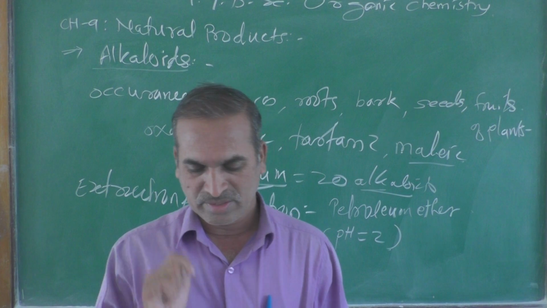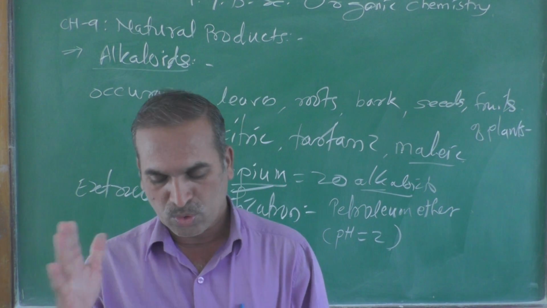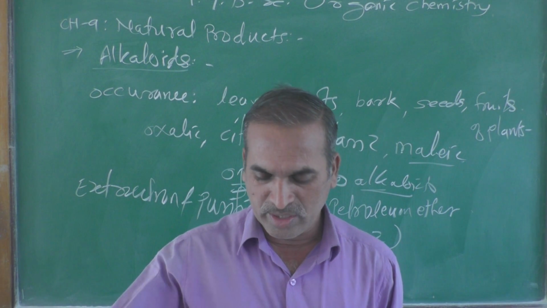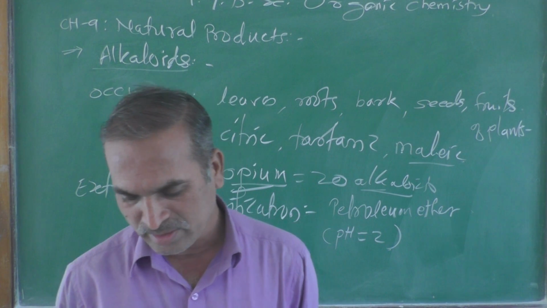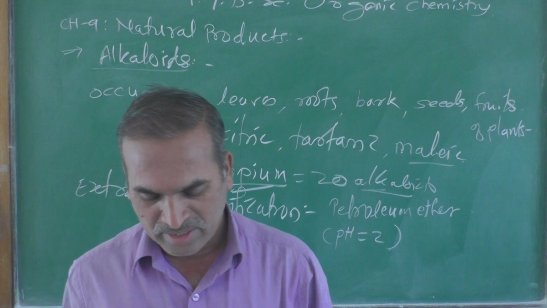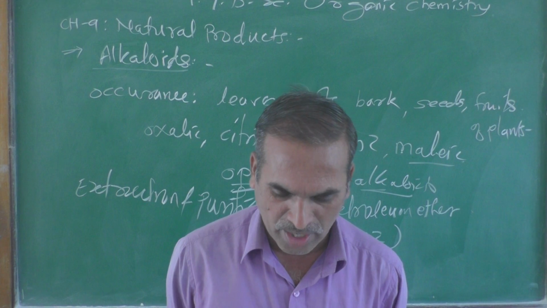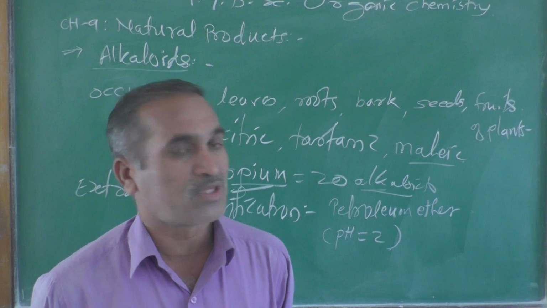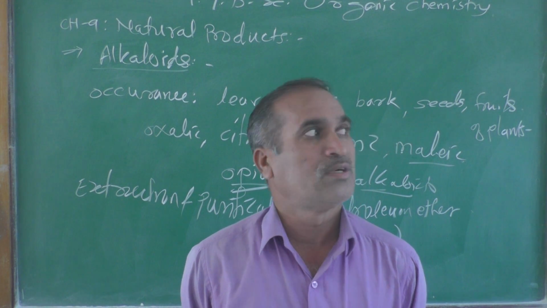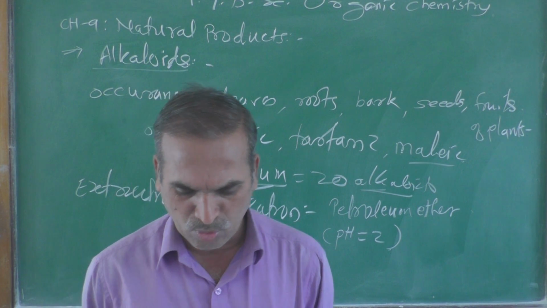Whatever crude plant extract remains, to that dilute HCl is added, pH maintained at 2, and extracted with ether or chloroform. Again two layers are obtained. One is the ether soluble part, non-basic plant material, which is rejected, and the water soluble part containing the alkaloids is further treated with sodium carbonate or sodium hydroxide and extracted with ether or chloroform.